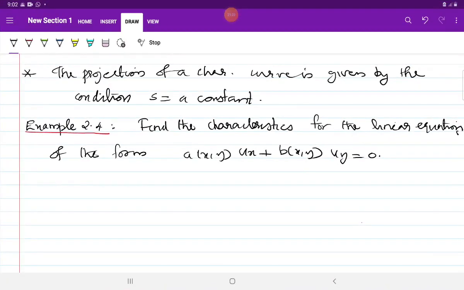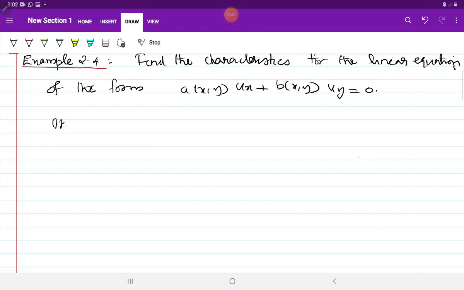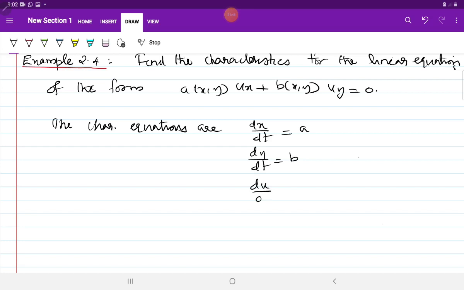Therefore, the characteristic equations are dx by dt equal to a, dy by dt equal to b, and du by dt equal to 0.